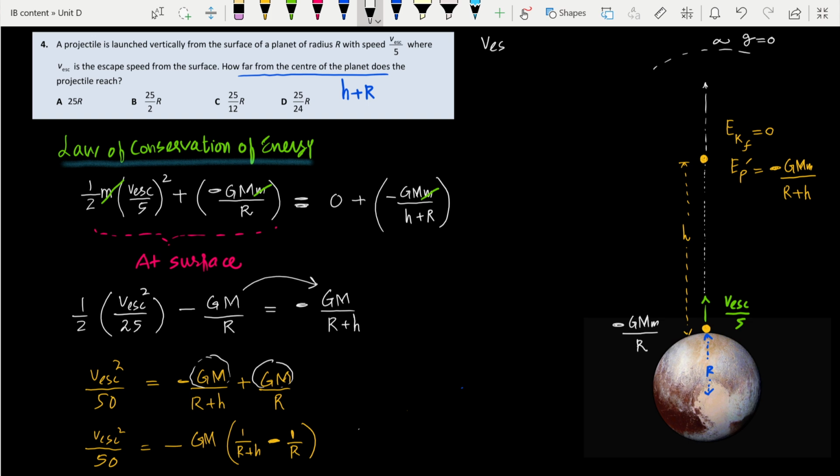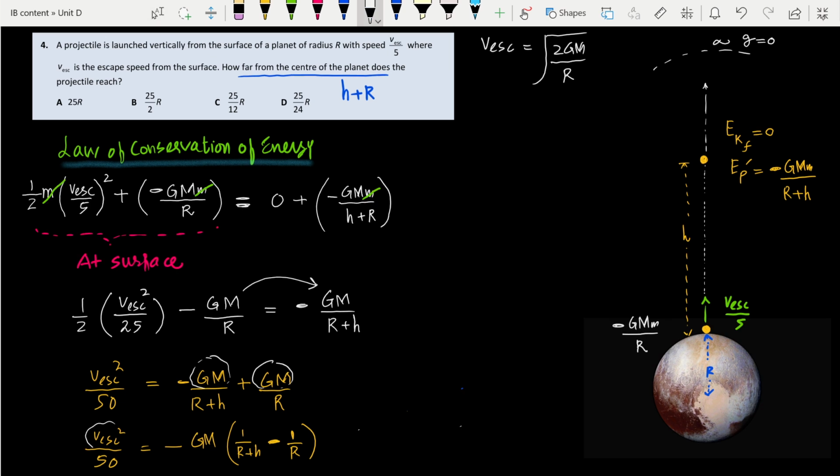So we know that v escape is the square root of 2GM over r, where small r means orbital radius, but from the surface it is capital R. When we take the square it becomes 2GM over R, divided by 50, is equal to negative GM, and inside we have R plus h, which we can solve by taking the LCM: R minus R plus h, over R into R plus h.